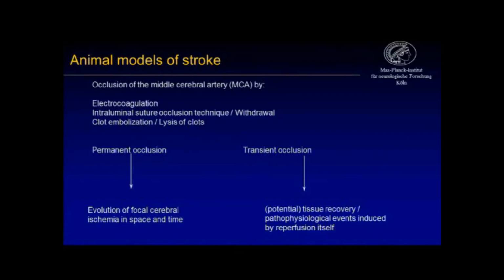You can see how the severity would change in one location, but you can also see the spread, the expansion of the original core into the penumbra region, whereas in the transient occlusion, you can look at potential tissue recovery, but also at pathophysiological events that take place during reperfusion.